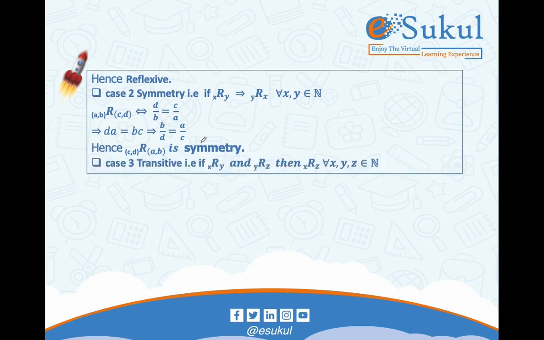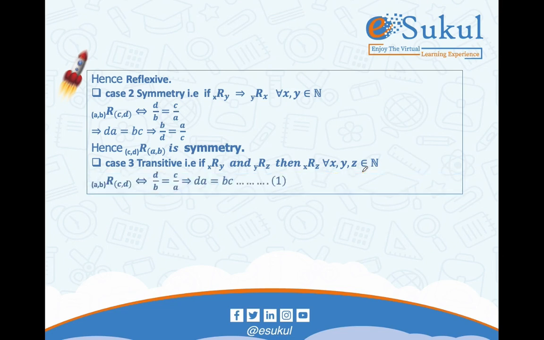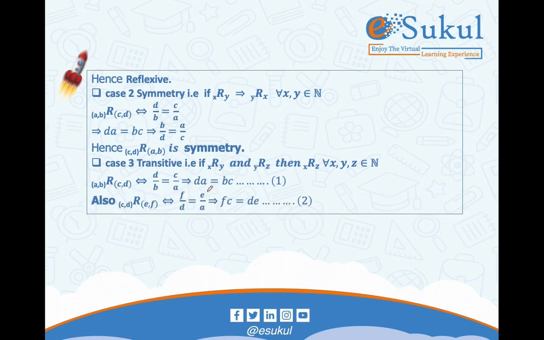The last case, we prove transitive. For it to be transitive, we need to have a new element. Our new element here is z. So if x relates y and y relates z, then x must relate z for all x, y, z picked in our set of natural numbers. So by the definition, as other pairs, we have (a, b) relating (c, d) as equation 1, and using the second hypothesis, (c, d) relates (e, f), generating equation number 2.